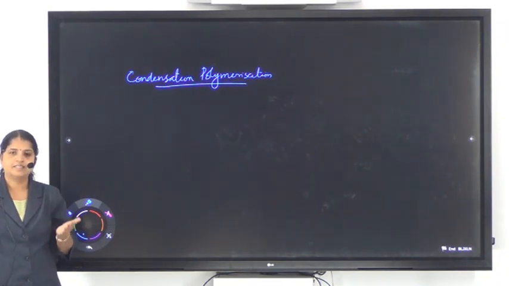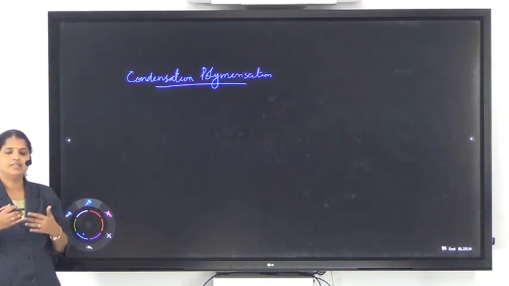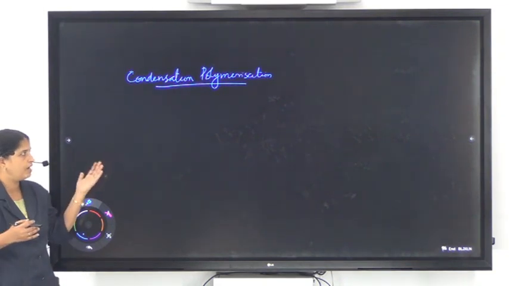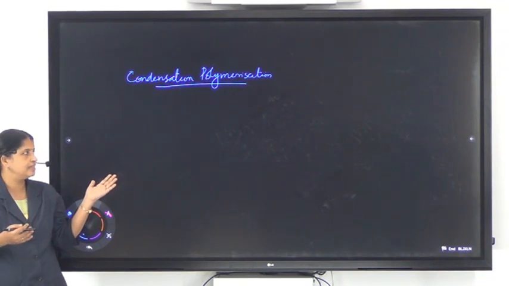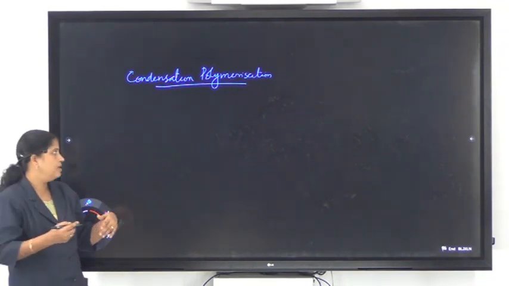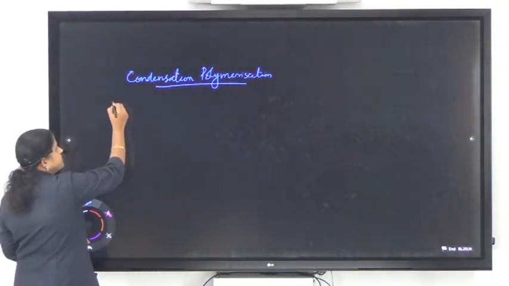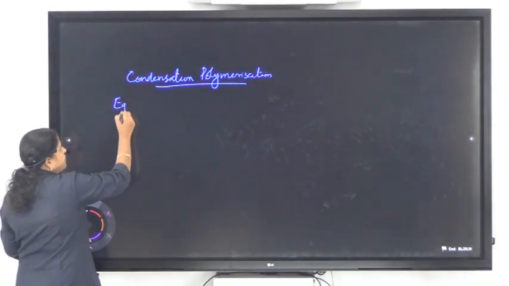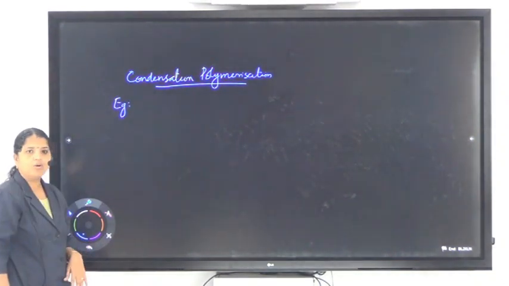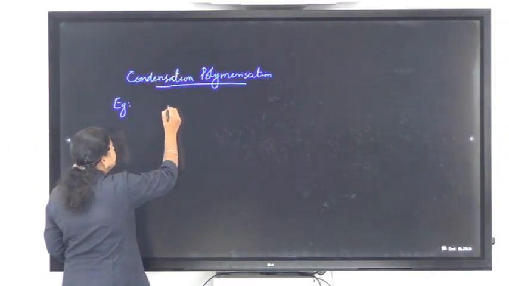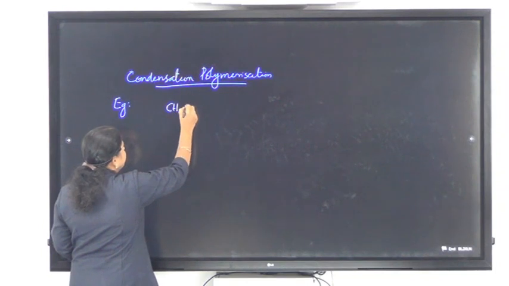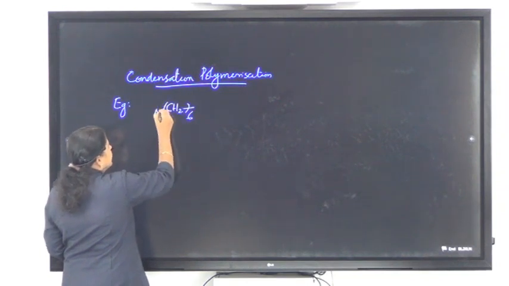Then a condensation reaction takes place between these active groups or polar groups, and there is elimination of a simple molecule that results in a condensation polymer. So we can see some examples for condensation polymerization. The first one is the formation of nylon 6,6. The monomers present in nylon 6,6 are hexamethylene diamine and adipic acid.